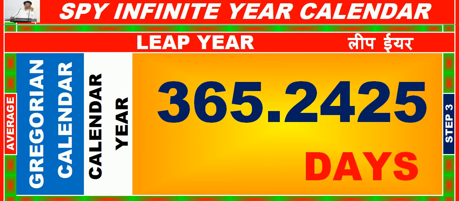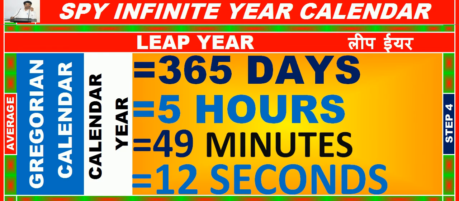Average Gregorian calendar year is equal to 365.2425 days. Average Gregorian calendar year is equal to 365 days, 5 hours, 49 minutes, and 12 seconds.